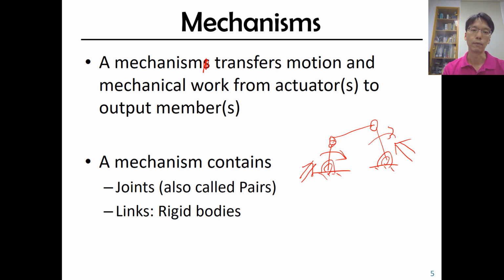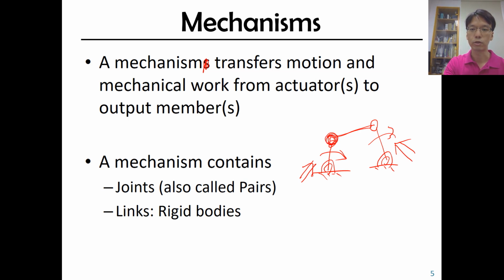And also, a mechanism contains basically two things. One is the joint, and one is the links. A joint you may also see in other textbooks is called pairs. But anyway, pairs and joints, they basically mean the same thing. So a joint is used to connect the components.